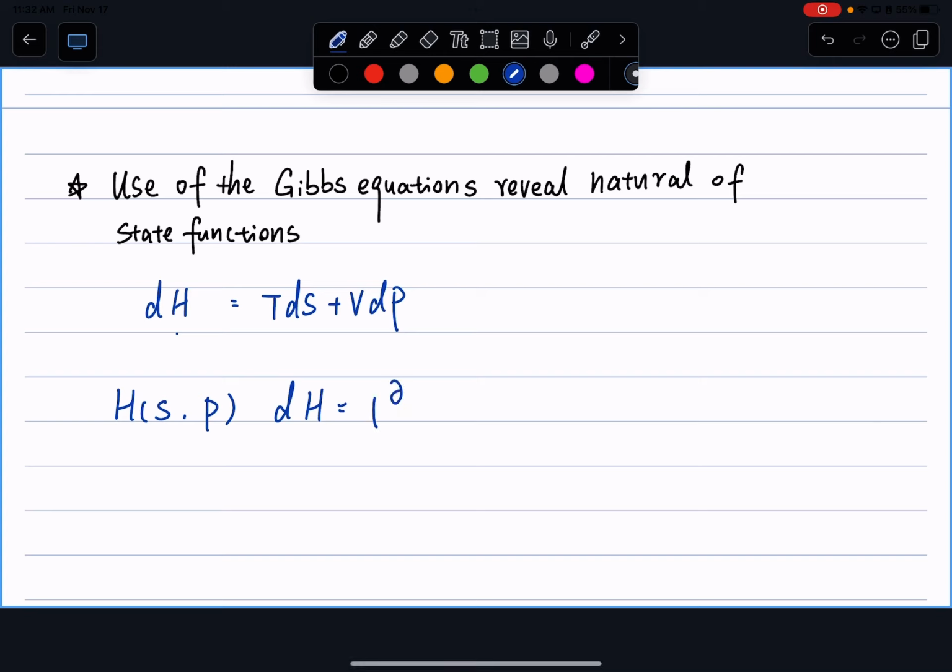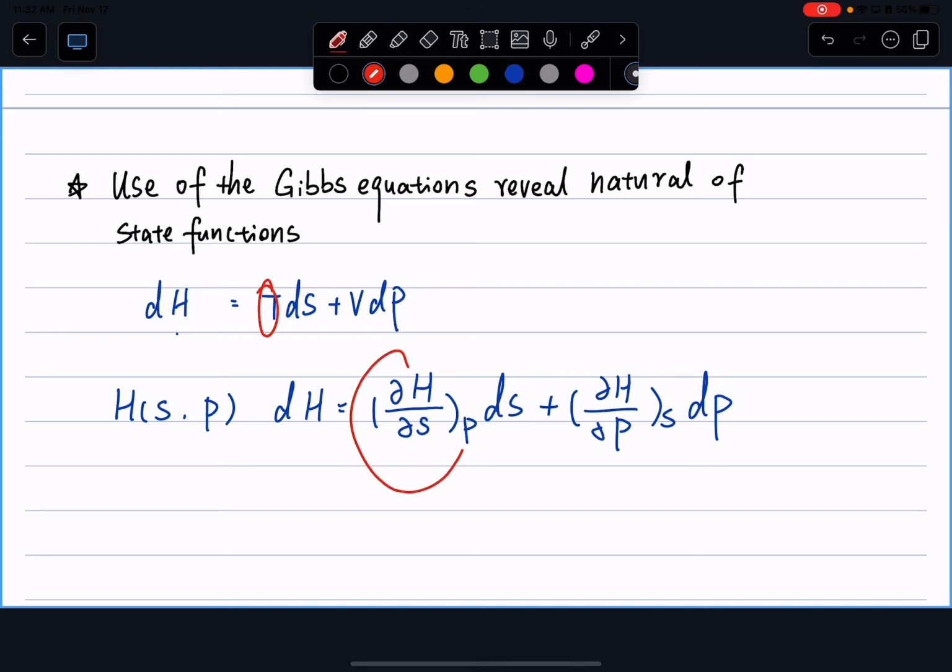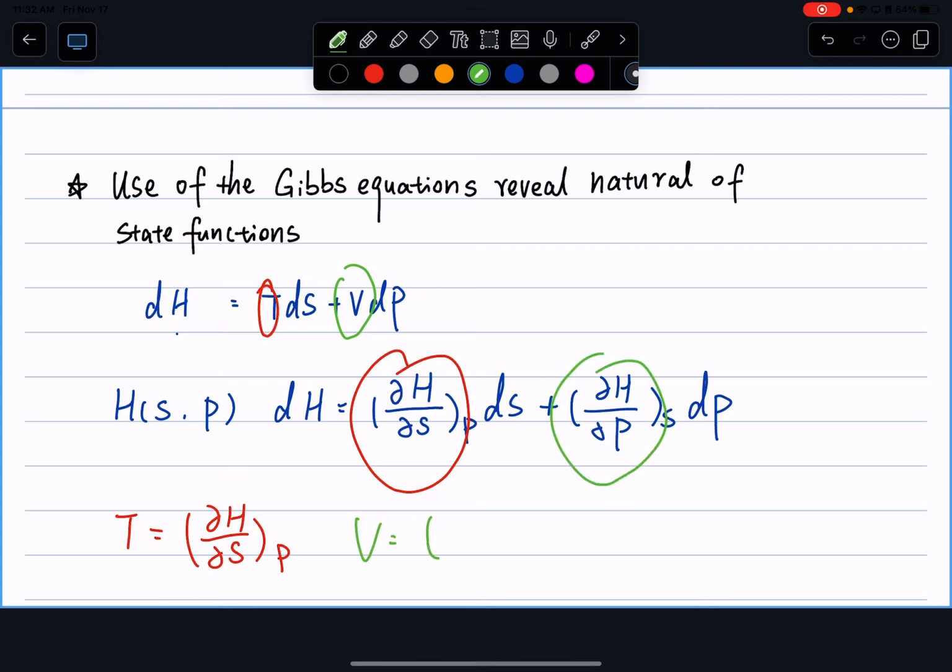We have the partial derivative of H over S at constant P dS plus the partial derivative of H over P at constant S dP. And here, T equals the partial derivative of H over S at constant P, and V equals the partial derivative of H over P at constant entropy.